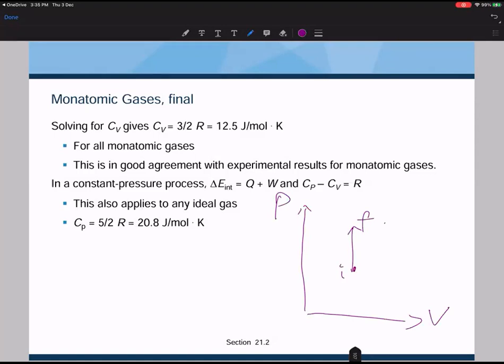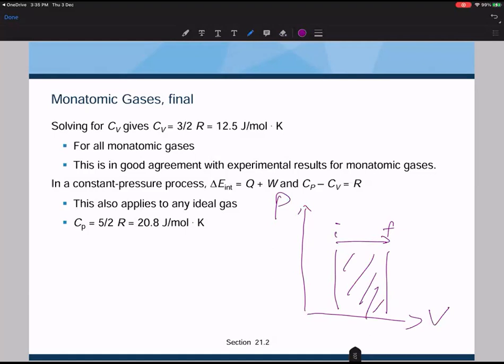So therefore, the work done, which is the area under the process curve, would be equal to 0. On the other hand, if you have a constant pressure process, there would be an associated area under the process graph. Therefore, there is work done.